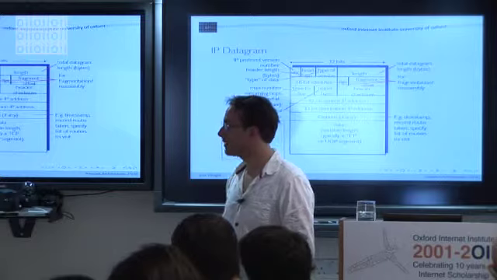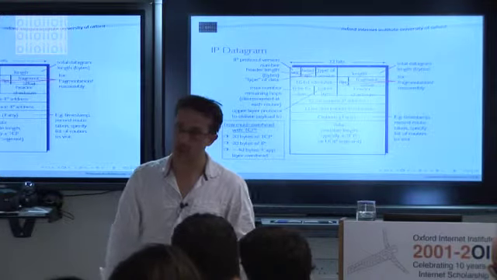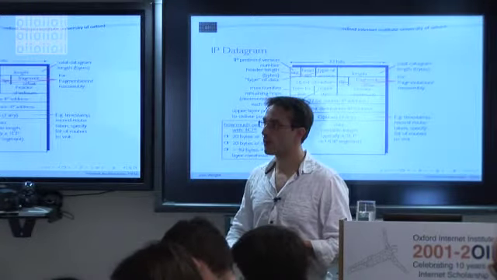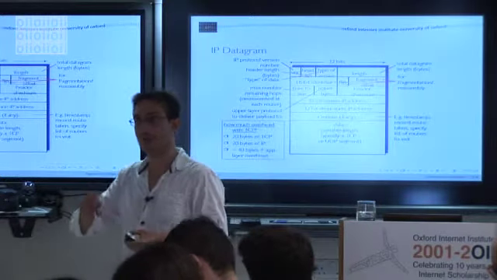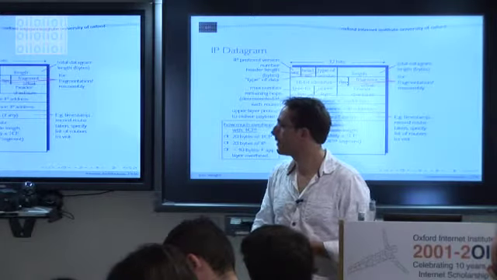So the reason this is such a problem is that you have to change the core routers of the internet to start supporting IP version 6. People don't like to touch things in the core of the internet for very good reasons, because if you do something wrong, then you can break very expensive things.